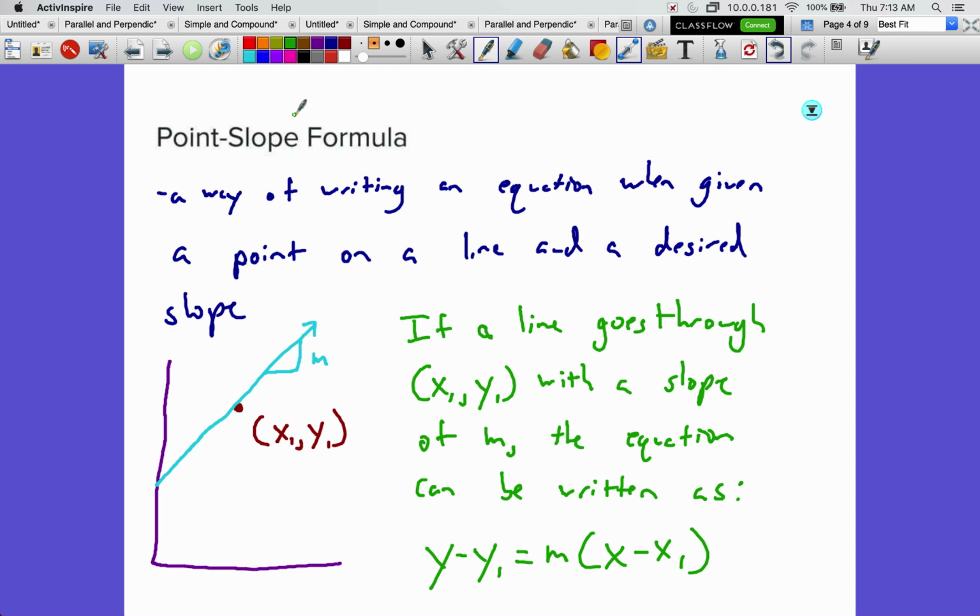X and y will stay as variables, but m, x1, and y1 will all get replaced with numbers.